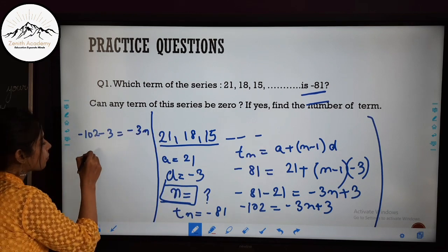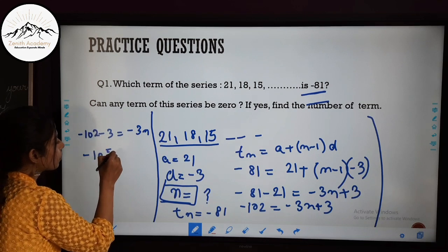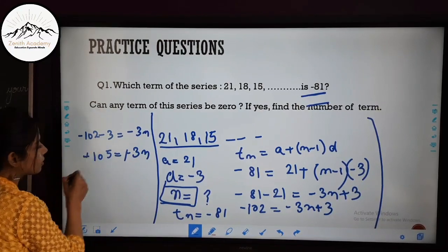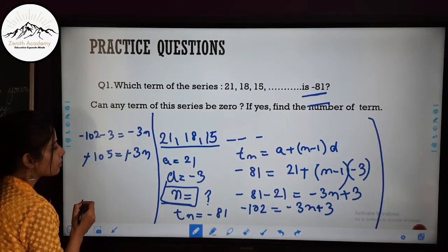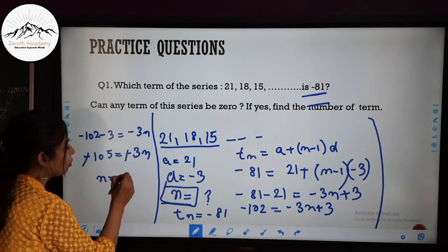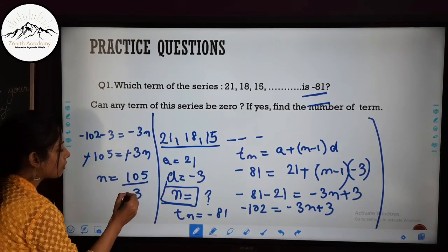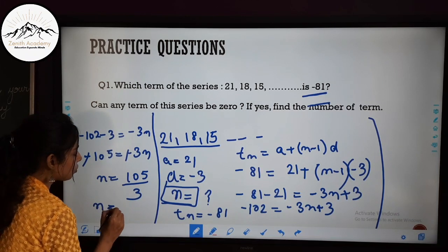This will give us minus 105 equal to minus 3n. Minus minus gets cancelled on both sides. N will be equal to 105 divided by 3, and this will give us n equals to 35.